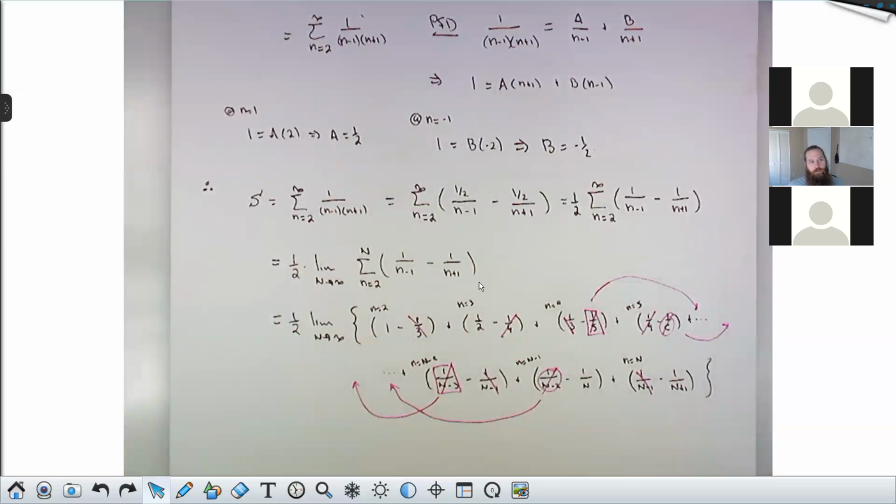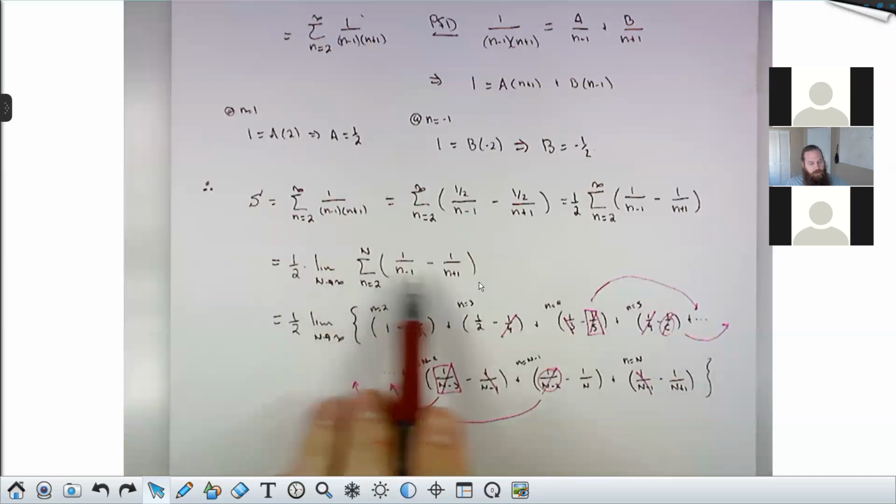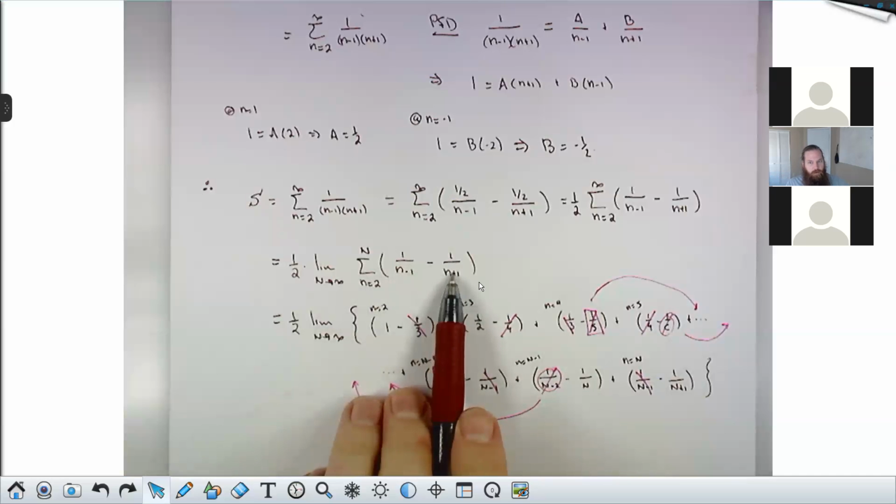Yes, they will. Nick asked a really good question there. So how far did you have to look to find each guy's cancellation partner? To find the cancellation partner for this 1/3, I had to look 2 ahead, right? From the little n equals 2 term up to the little n equals 4 term. The number of terms that you need to look ahead is equal to the gap between the factors in the denominator.